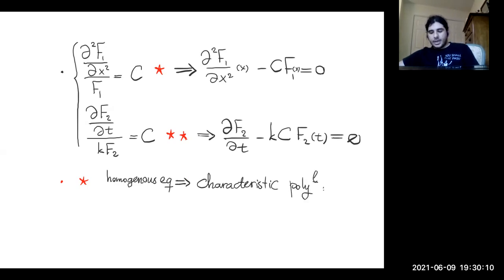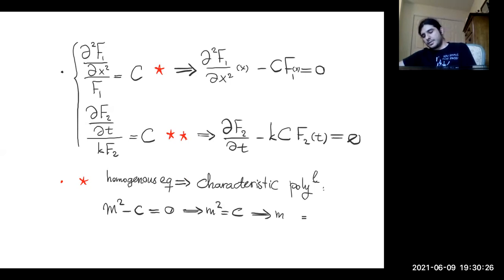In this case, it would be m squared minus c equals 0, right? m squared minus c is equal to 0. Therefore, m squared is equal to c. Therefore, m is equal to plus and minus the square root of c. So in this case, we know what the solutions are. Let's say m1 is equal to the square root of c, m2 is equal to minus the square root of c. We have two real solutions, right?